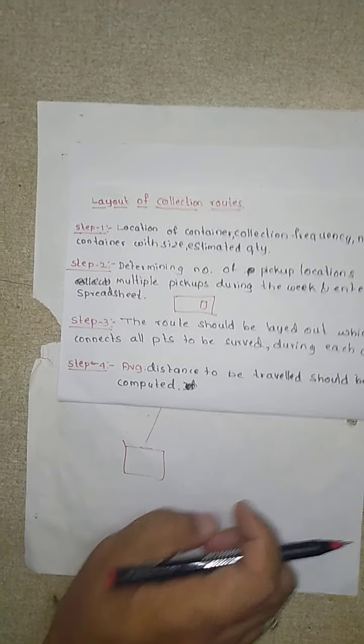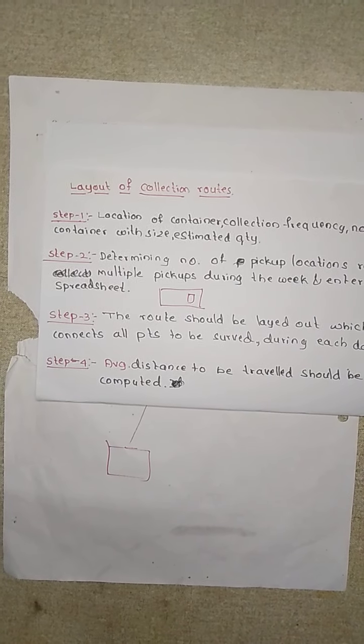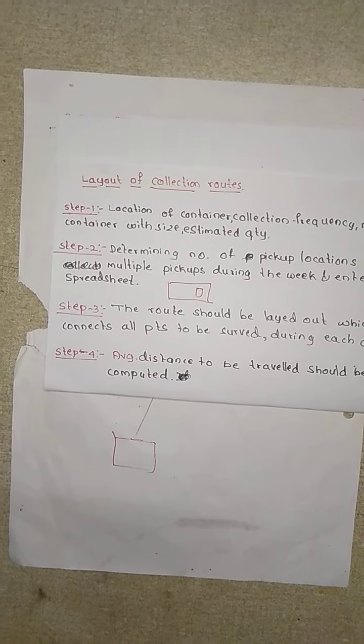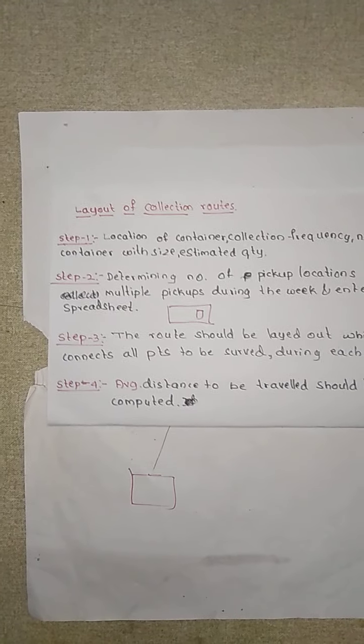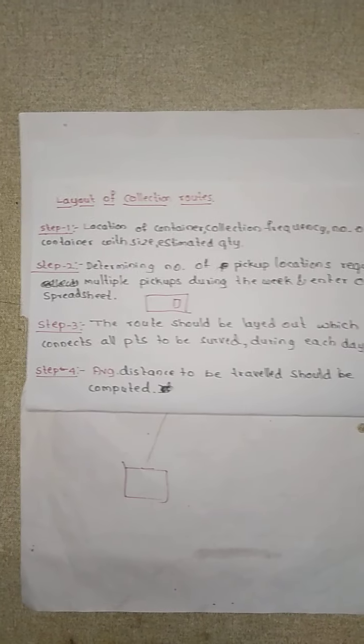In the fourth step, when the preliminary routes have been laid out, that is, we have laid out how we need to move, the average distance between the containers should be computed.